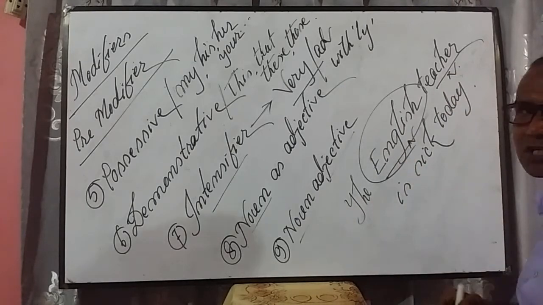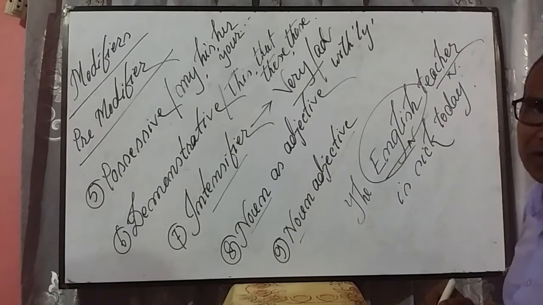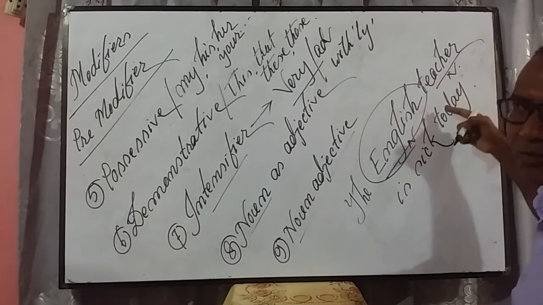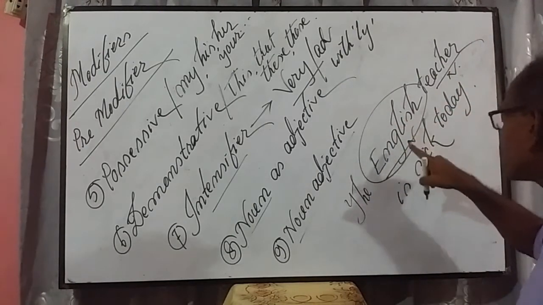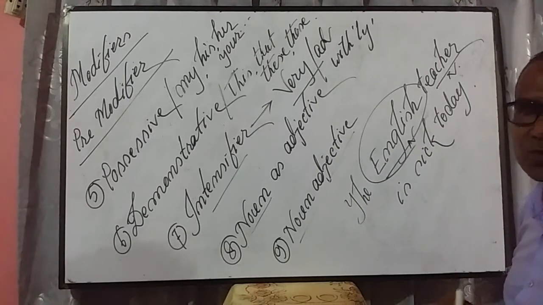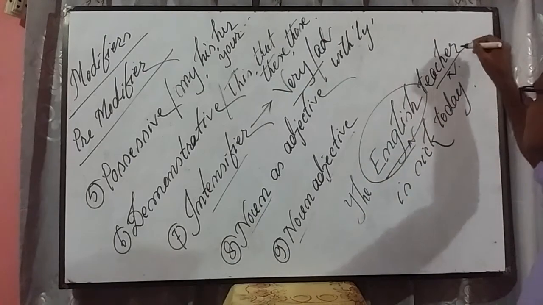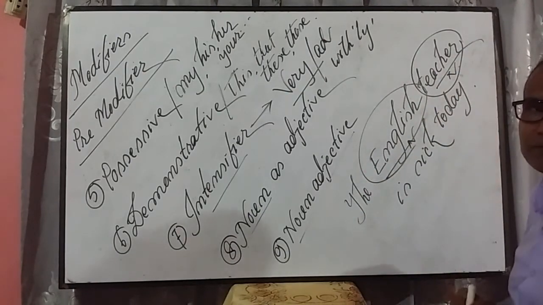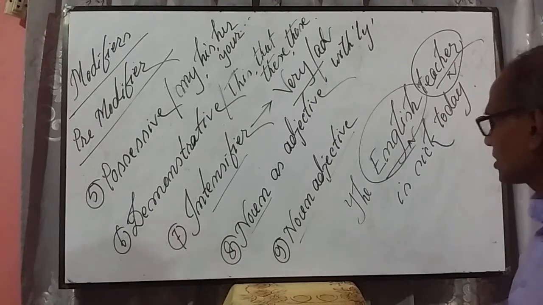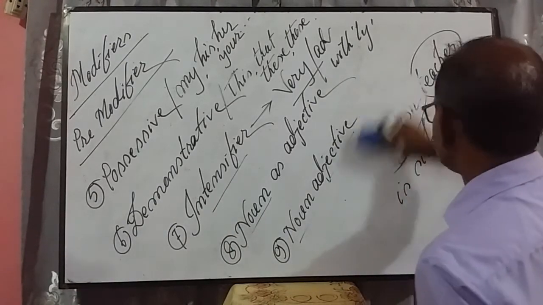That's why it is called pre-modifier. And it is definitely a noun. So a noun is qualifying another noun, so it is now being used as adjective or modifier. It is definitely a pre-modifier, because it precedes teacher. Right? Okay.